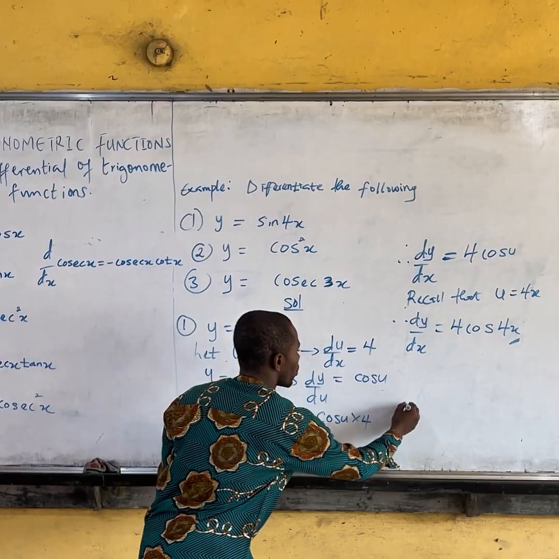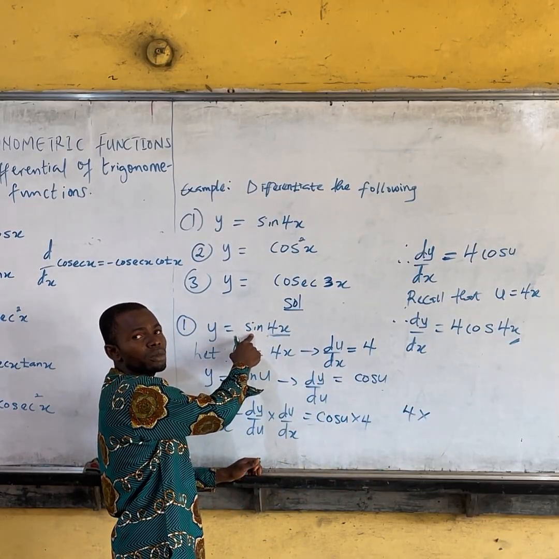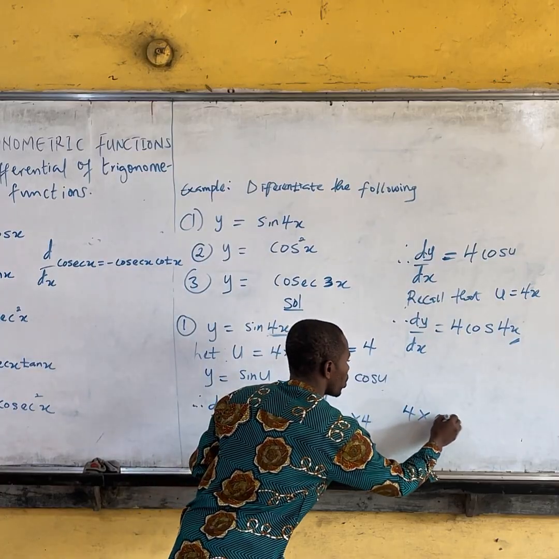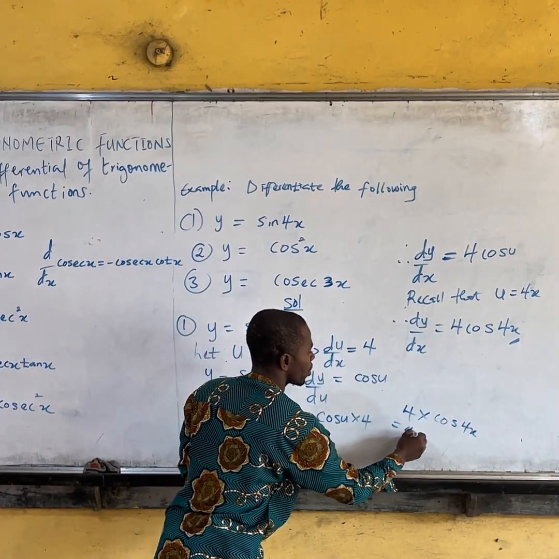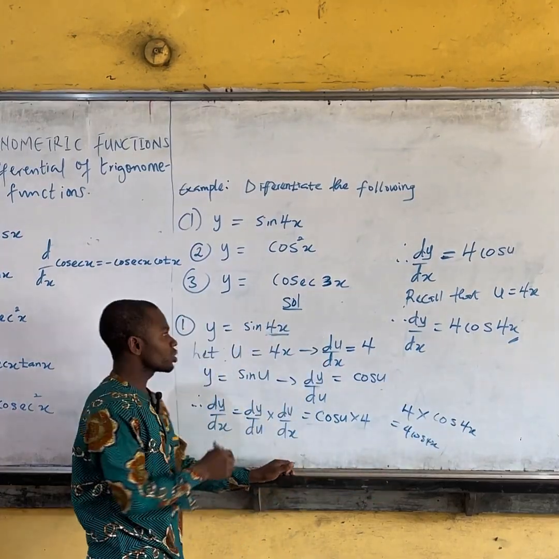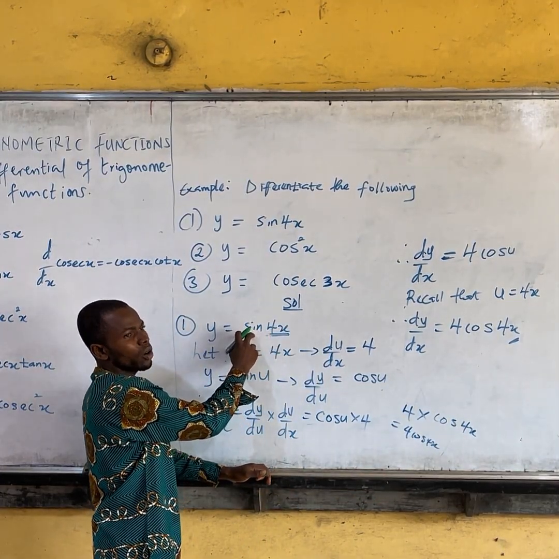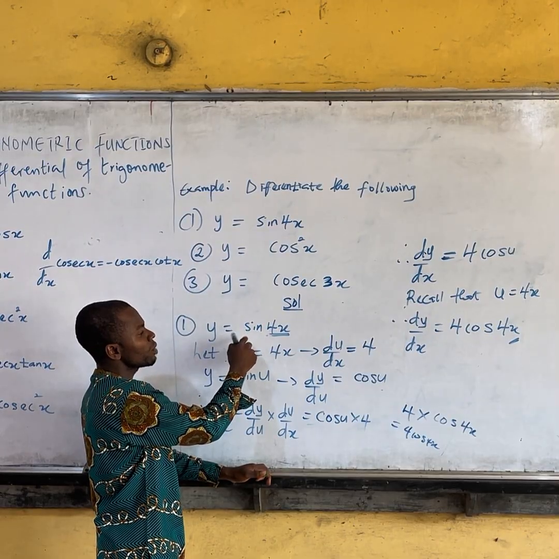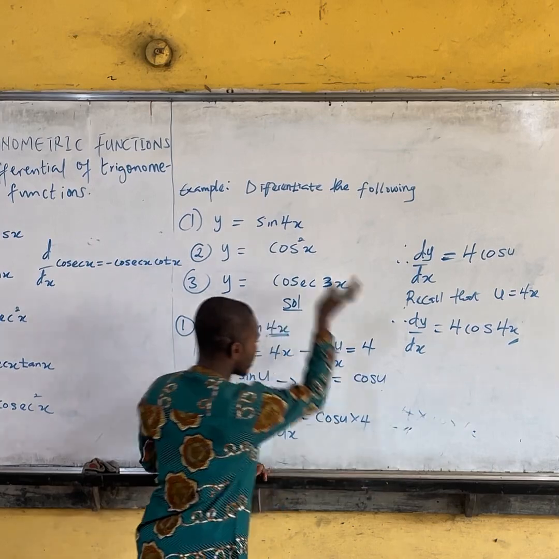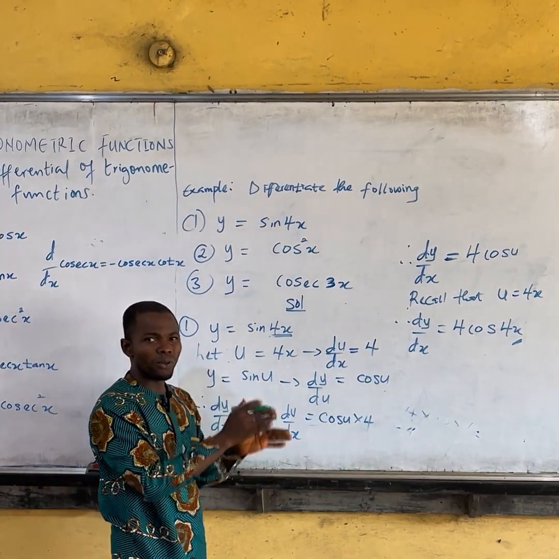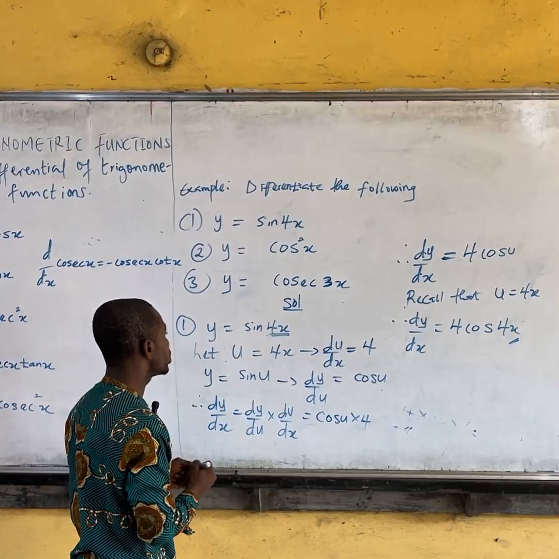Multiply it by the differential of sine, which is cos, that is cos of 4x. The answer will now be 4 cos 4x. That is the shortcut. But my normal method is the standard method for theory in any exam. That is for question 1.